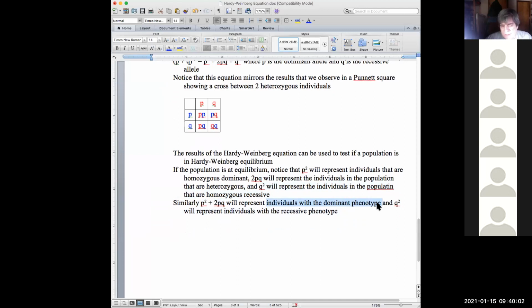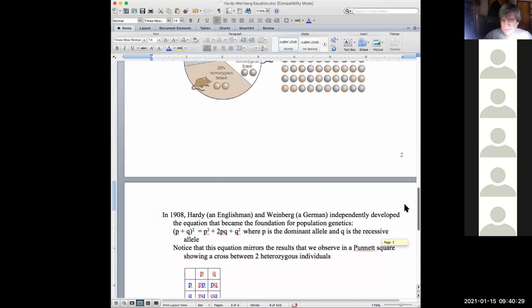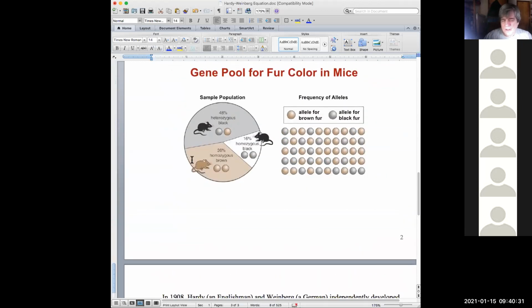So we can figure out the dominant phenotype by adding P squared and 2PQ. Similarly, Q squared tells us all the individuals that have the recessive phenotype. And that's really why we're always going to start with the recessive phenotype, because remember what I said above. In this case, for these mice, if you have brown fur, you have to be homozygous recessive.